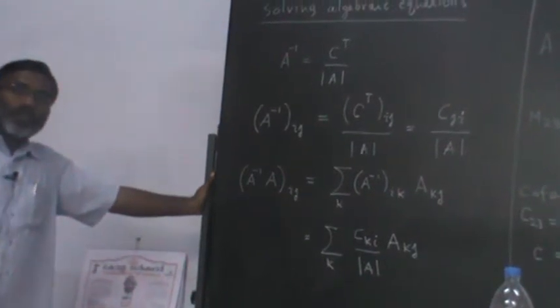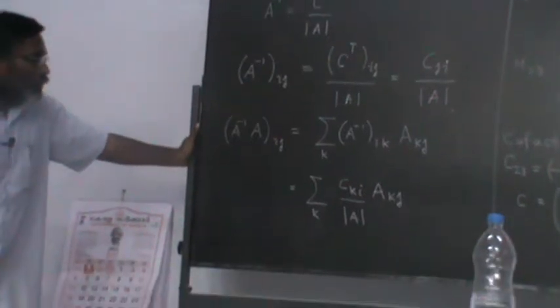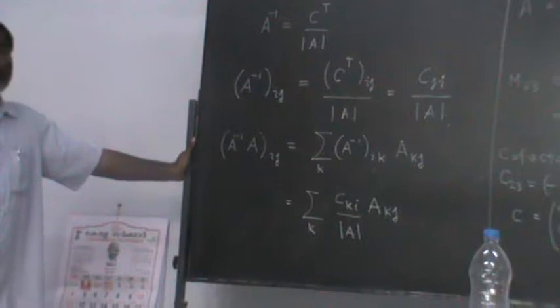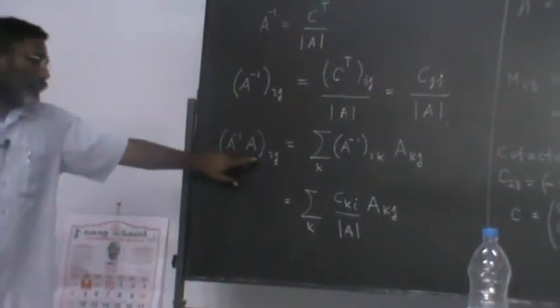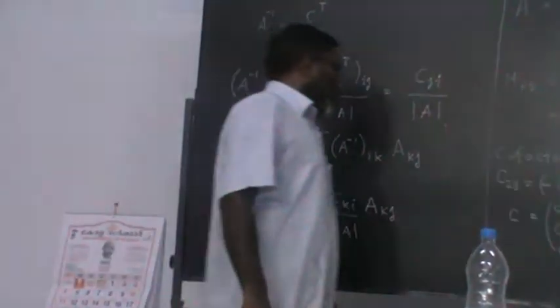Now what I have to show is that this is equal to delta ij. That's what I should get, right? Because this is the identity. Identity of ij is delta ij. Okay.